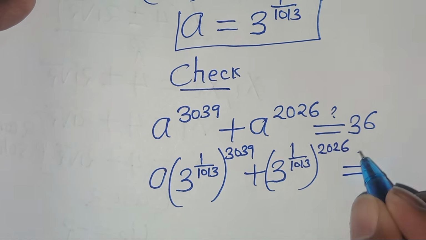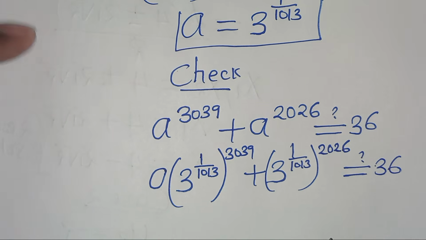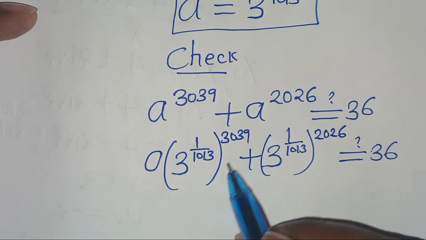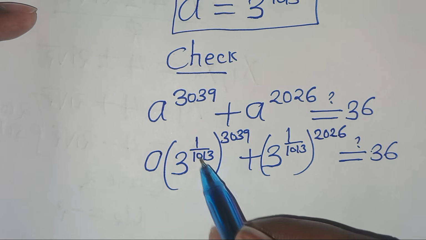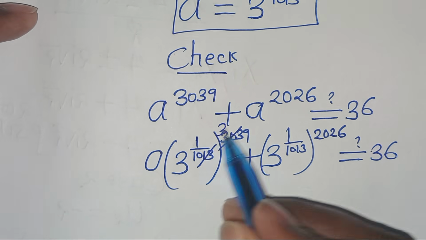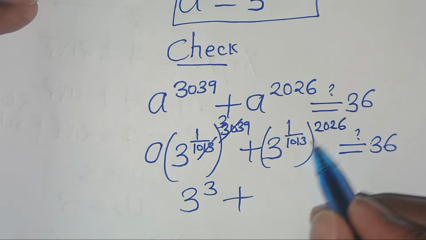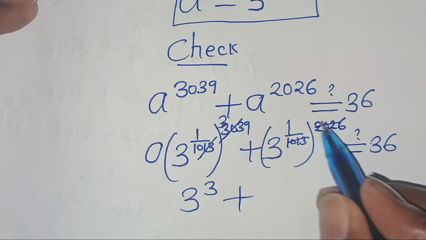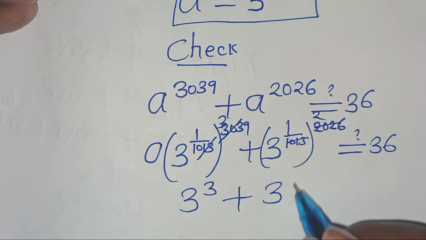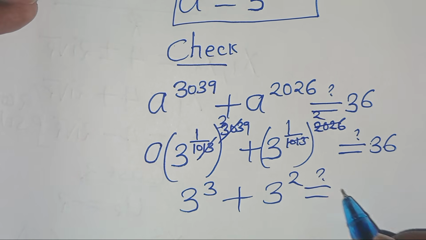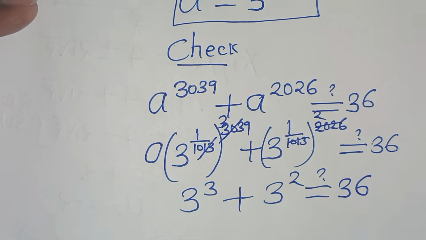This should give us a value of 36. Let's simplify here. 30, 39 divided by 10, 13 is equal to 3. So we have 3 to the power of 3, then plus 20, 26 divided by 10, 13, which is equal to 2. So this is 3 to the power of 2.